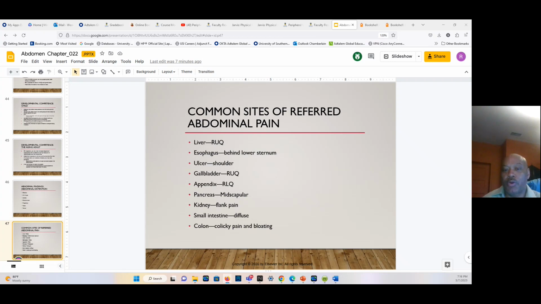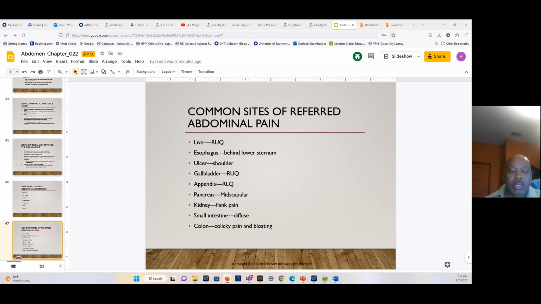But sometimes it's referred, and you may find it in the mid-scapula area instead. There's an image on page 562 that shows you what organs are impacted with referred pain. For example, if a person has a stomach ulcer, the pain can actually be felt in the shoulder instead of the stomach or abdomen.